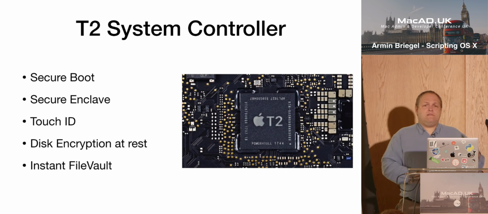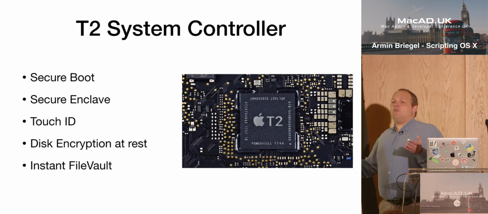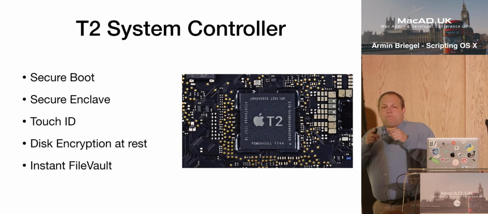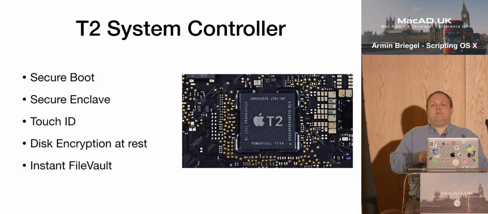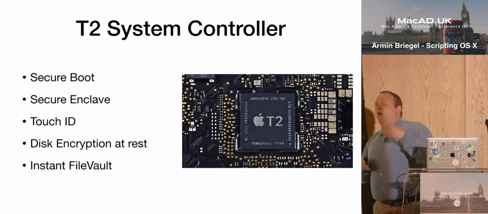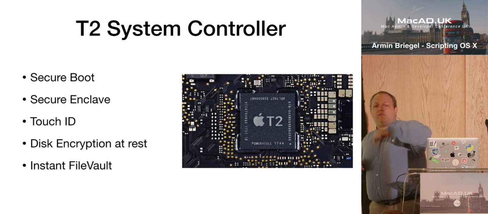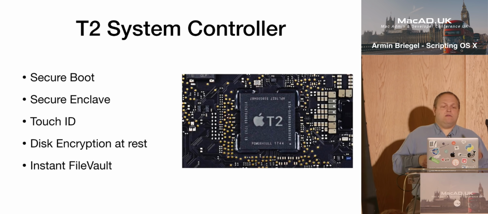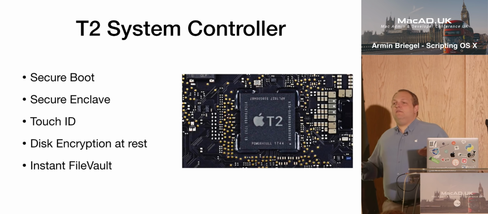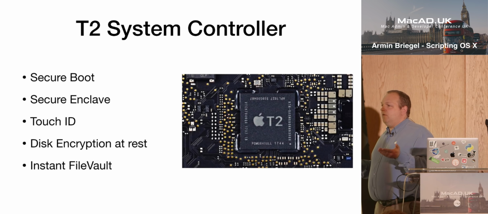If you rip out the SSD, it's encrypted garbage. You need that particular T2 controller to decrypt the drive. And all you do when you enable FileVault is you add another password on top of that to unlock the encryption, which gives us instant FileVault. It doesn't take hours anymore to turn FileVault on.